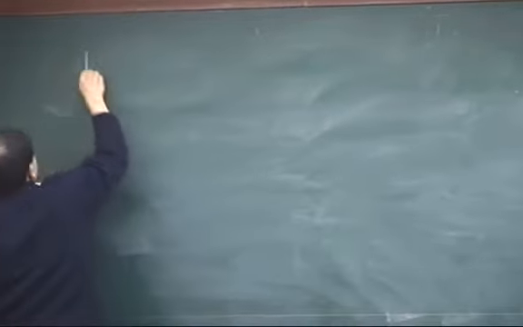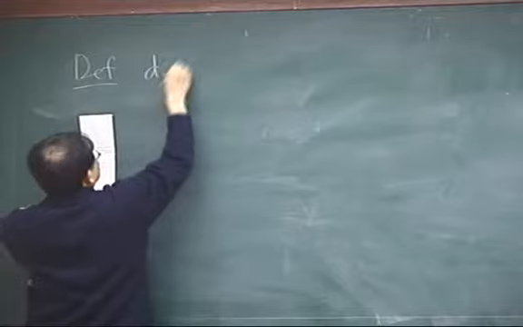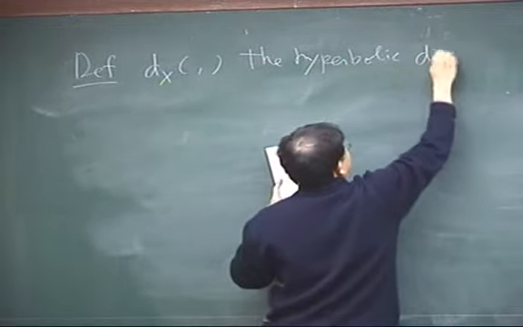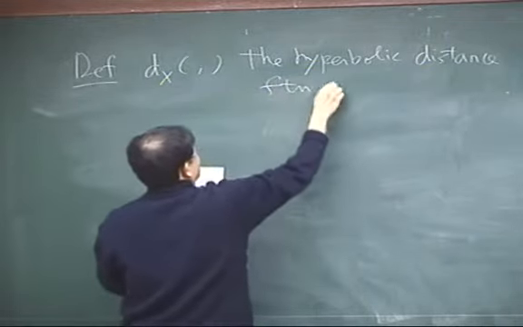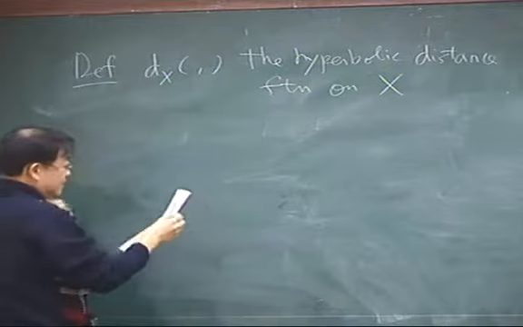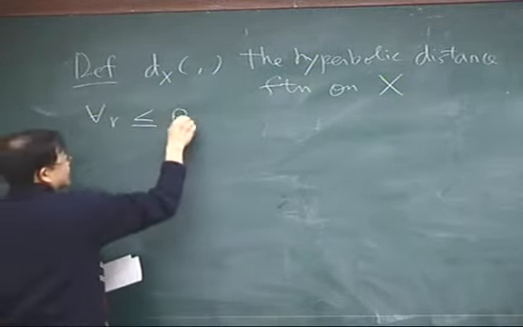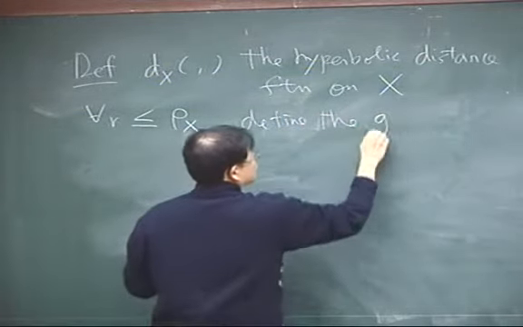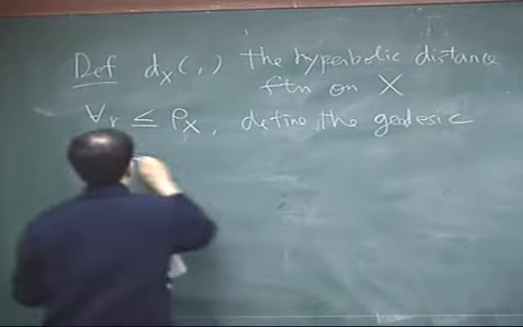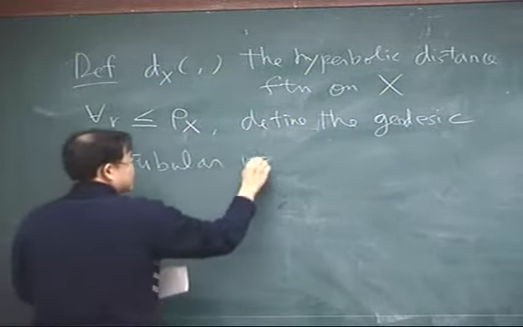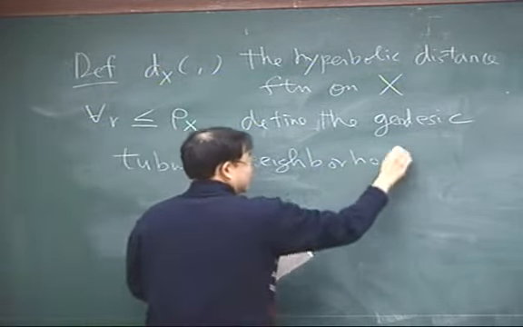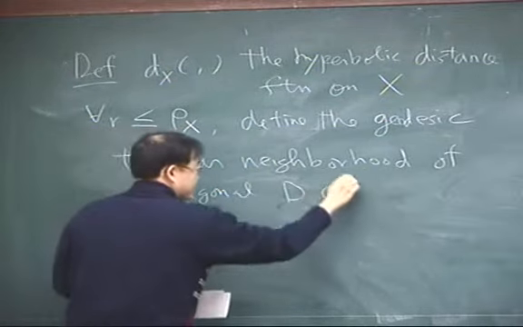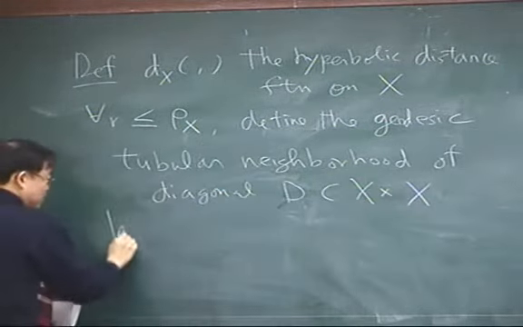So let's denote by d_X the distance function on X, and then for each r less than the injectivity radius, define the geodesic tubular neighborhood of the diagonal. I denote it by W_R.